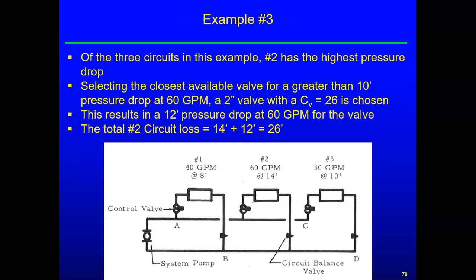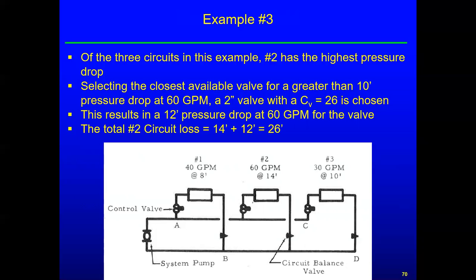And so we go back through Q equals CV times the square root of delta P over SG. I'm going to short circuit some of that because you should be up on that by now. We wind up with a 2-inch valve with a CV of 26.